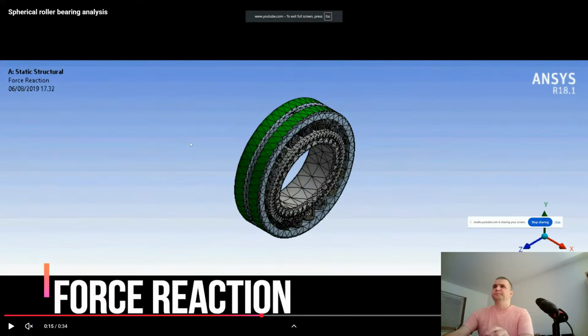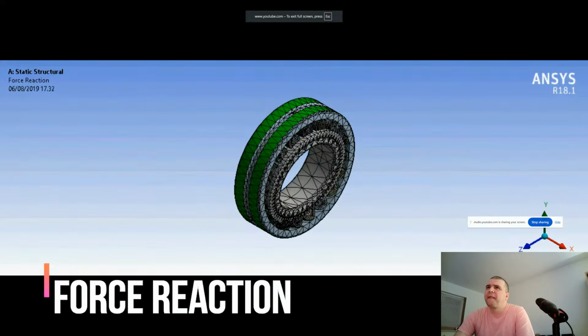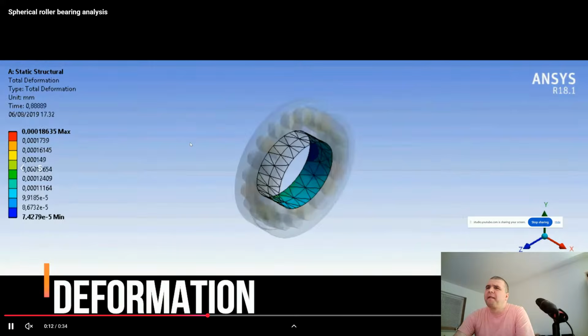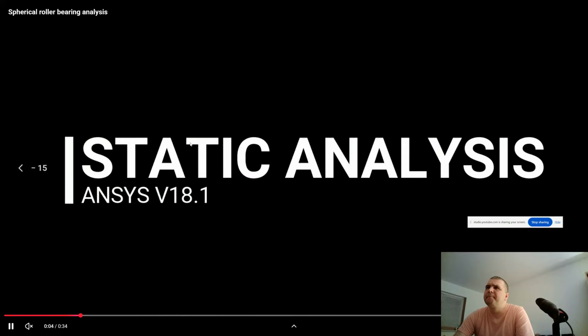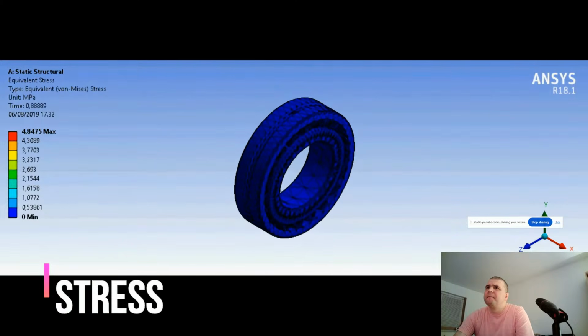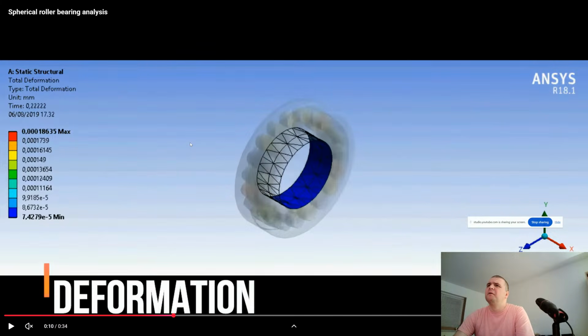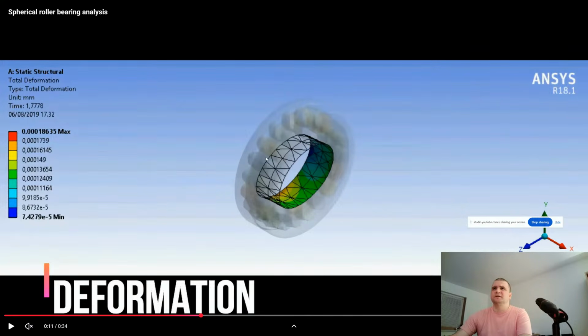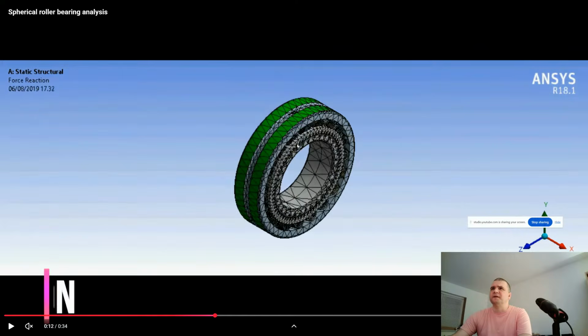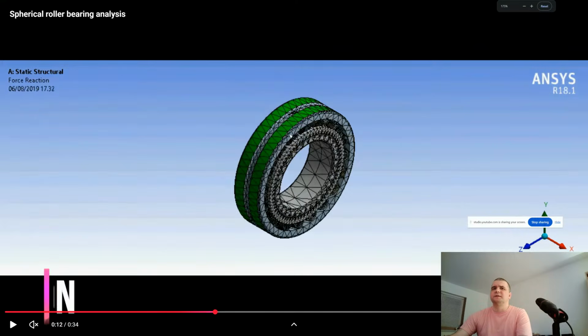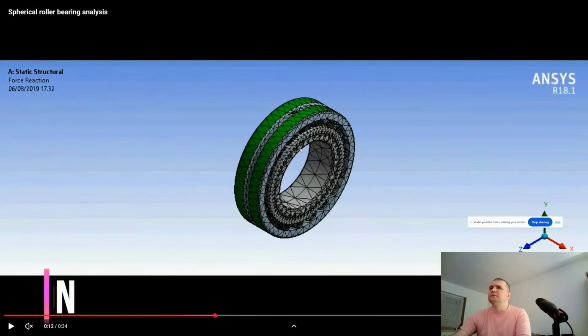Look, no. These are bonded. The rollers are bonded to the races. This is why they behave like this. They don't move spherically. How can you see? I would like to show it to you.